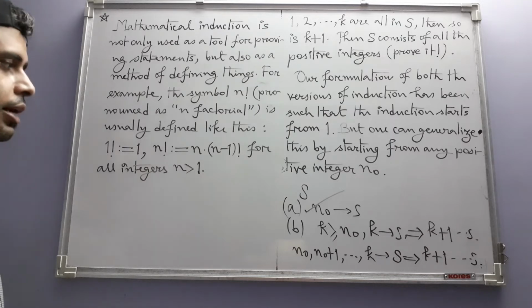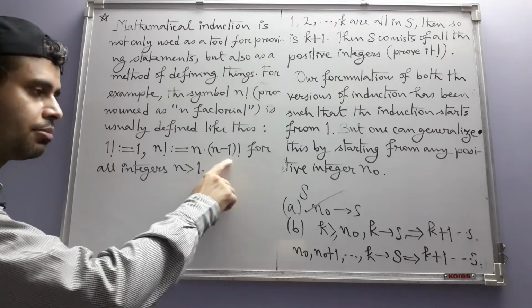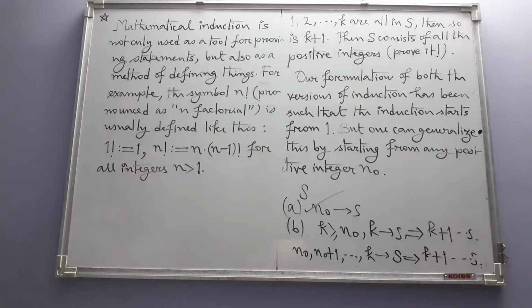So that when n is greater than 1, n minus 1 is still a positive integer.